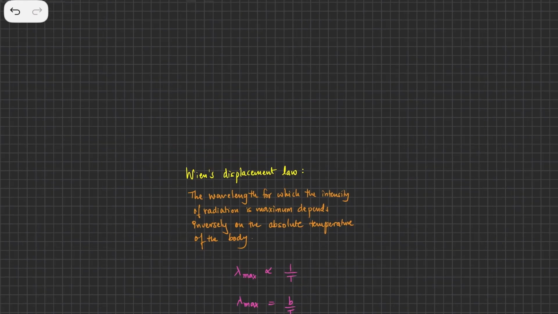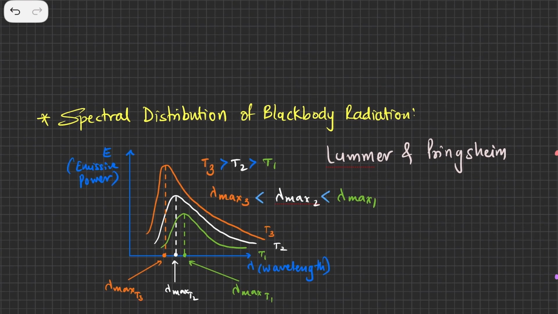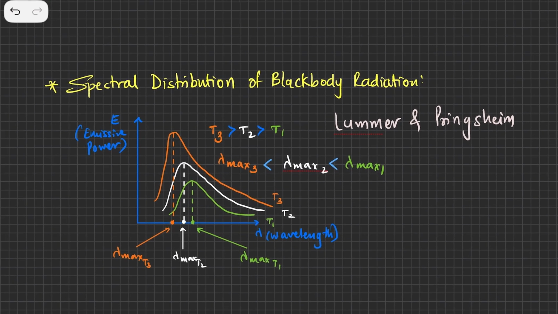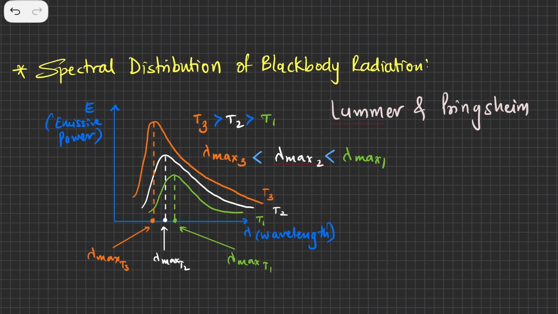Now if you have been following me, you would have got that this diagram we had done in the previous video. In case you are not, I would request you to go one video back, where you will have a great detailed discussion about this. Pringsheim and Lummer were the two people who found the relation between the emissive power and the wavelength, and if you keep on increasing the temperature T1, T2, T3, then the peak of this graph shifts backward.